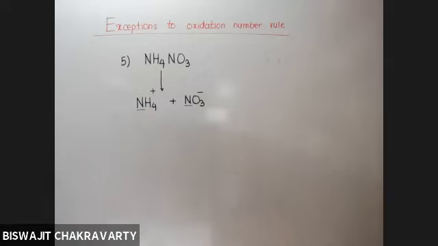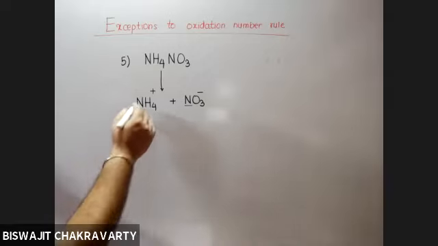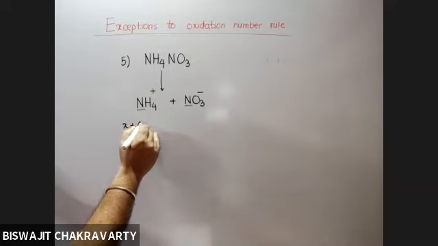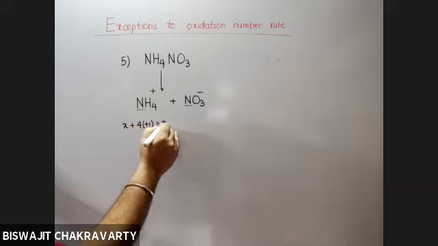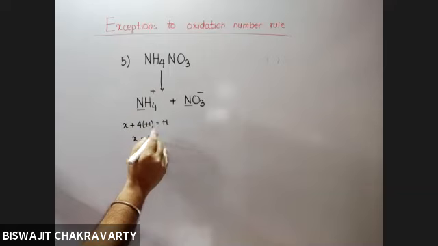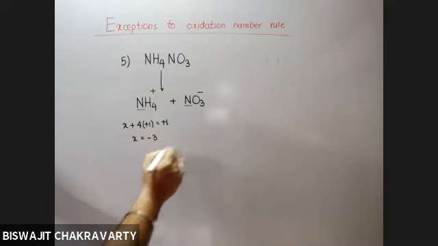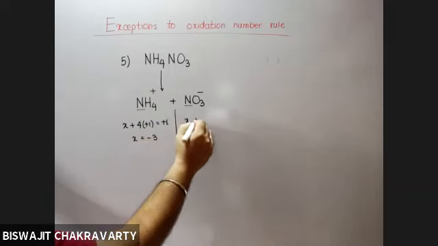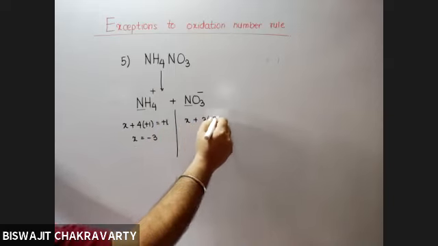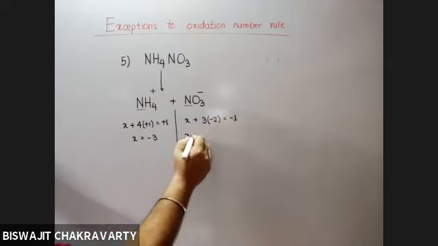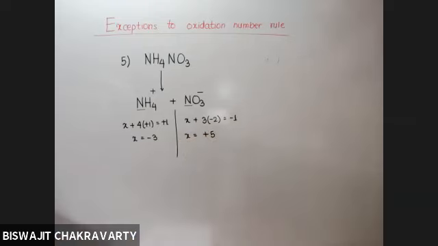So -3 and +5. Let us see. It is x plus 4 into +1, overall is +1. x will be -3. Fine. This is x plus 3 into -2 equal to -1. Are you getting these two values? Yes, sir.